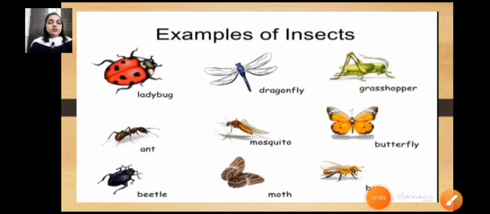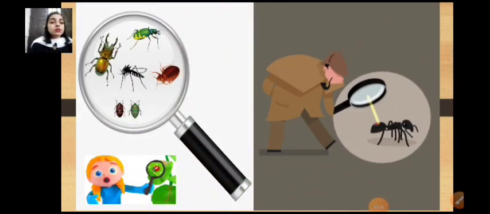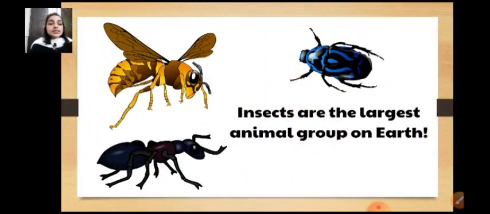Insects are found everywhere on the earth, on land, in water, on the plants, on the animals. They are found everywhere. And insects are the largest animal group on the earth.